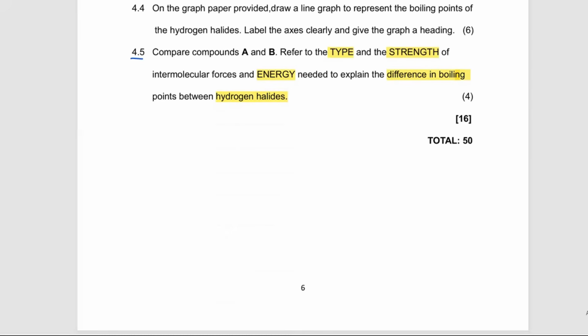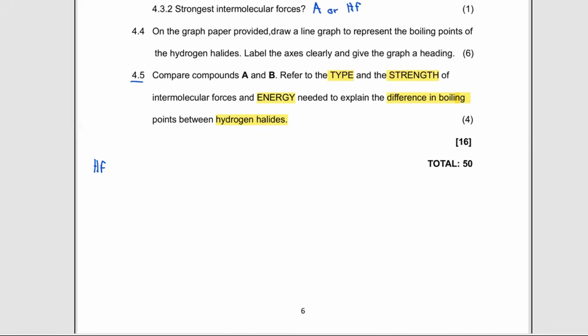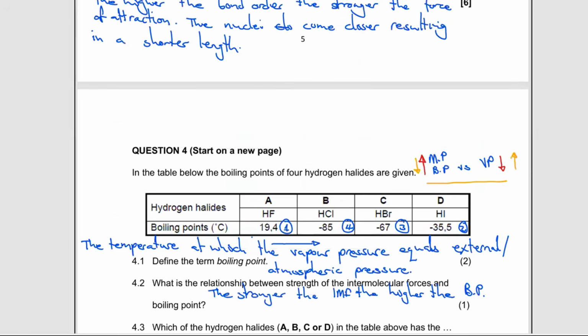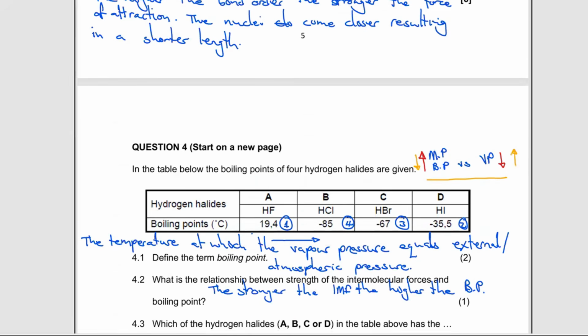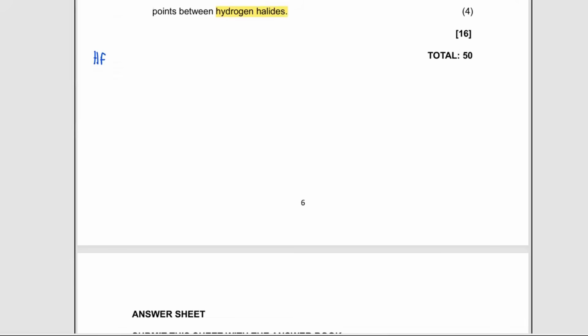So let's start with the general trend there from A. So in A there, hydrogen halides, right? So A, HF, okay, that's my A there. My HF, okay, I have hydrogen bonds.